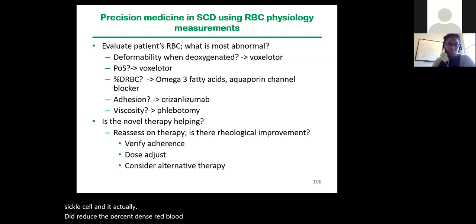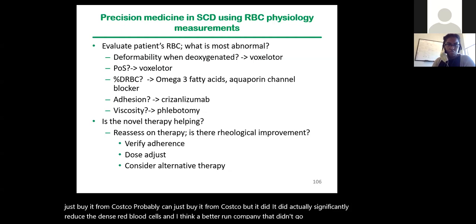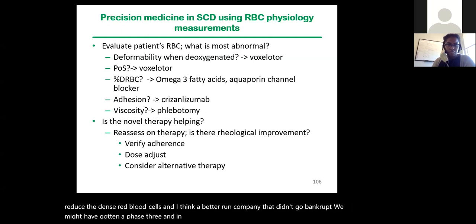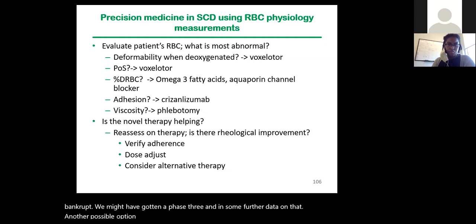Now, do you need to use their version, or can you just buy it from Costco? Probably can just buy it from Costco. But it did actually significantly reduce the dense red blood cells. And I think with a better run company that didn't go bankrupt, we might have gotten a phase 3 and some further data on that. Another possible option is red cell hydration for reducing the dense red blood cell concentration.